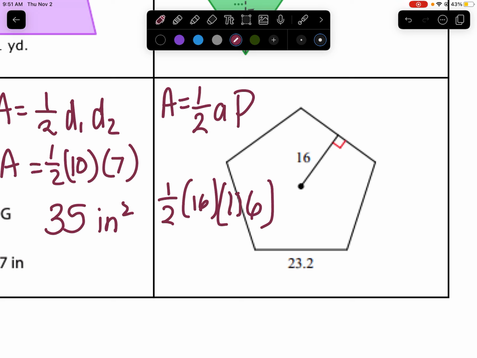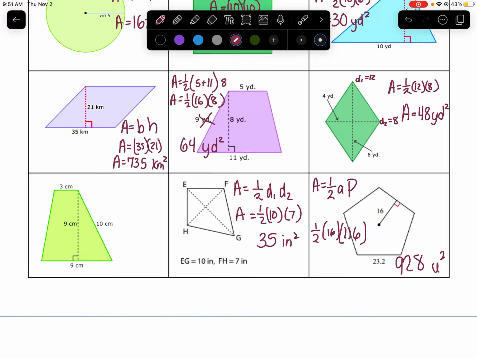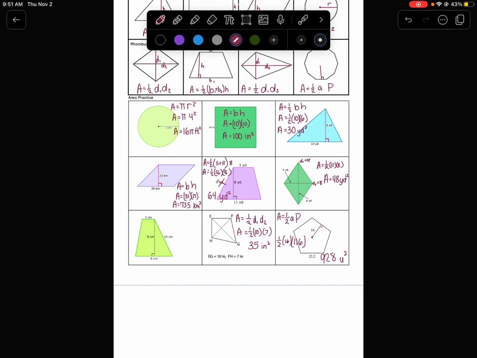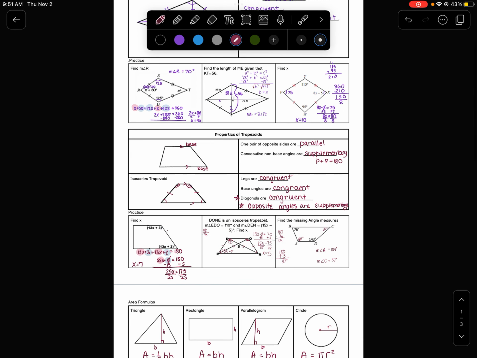And when I multiply that all together, I get 928 square units.